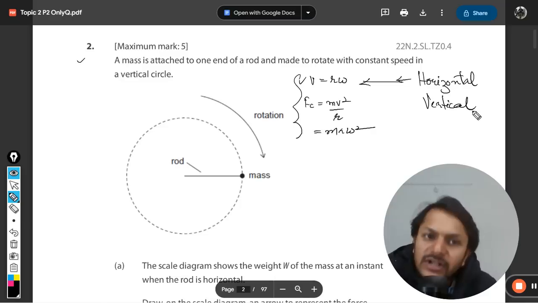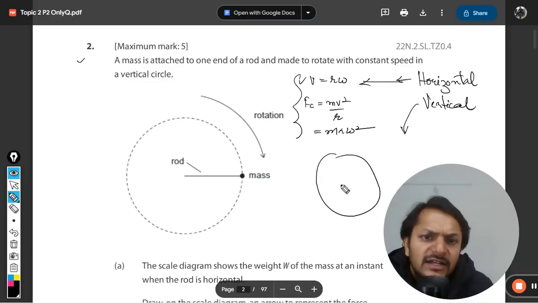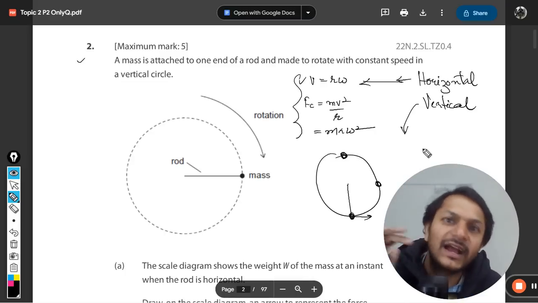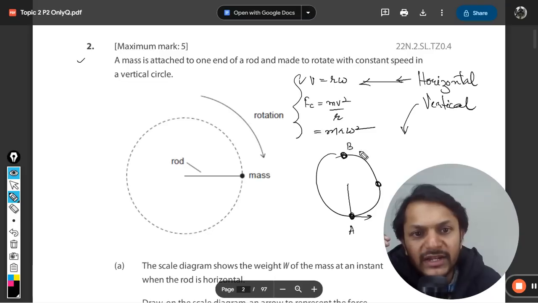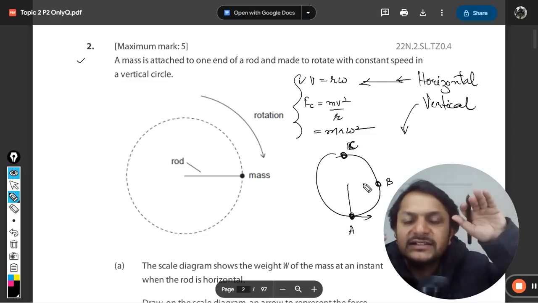When it comes to the vertical circle, things are a bit problematic. Just assume that there is this string and this is a body which tries to move in a circular fashion. When it goes from point A to point B and then C, it is increasing its height.